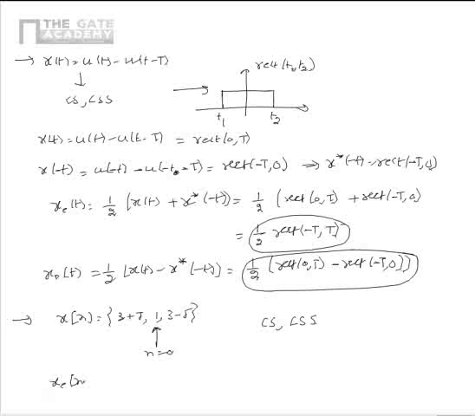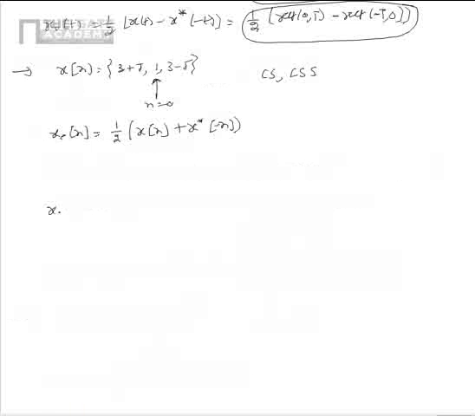The conjugate symmetric part of x of n is given as xe of n is equal to half multiplied by x of n plus x star of minus n. Similarly, the odd component of the signal xo of n is equal to half multiplied by x of n minus x star of minus n.